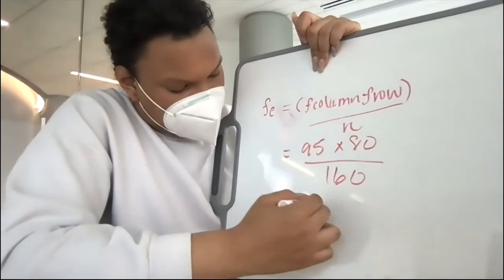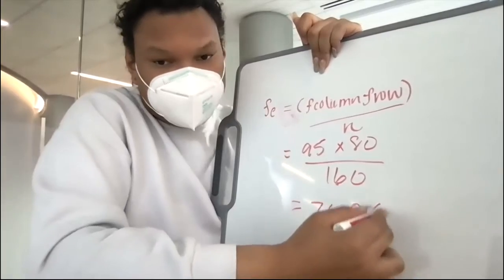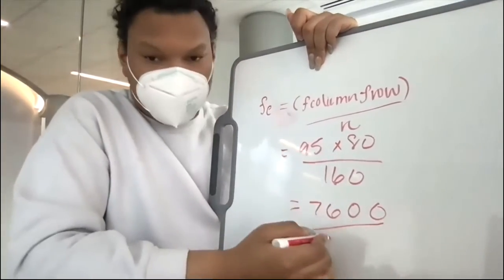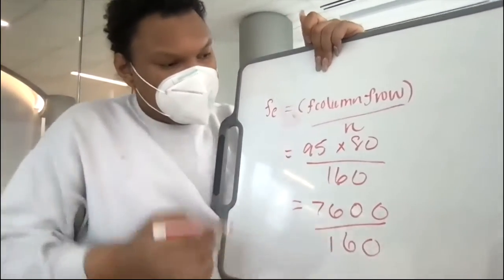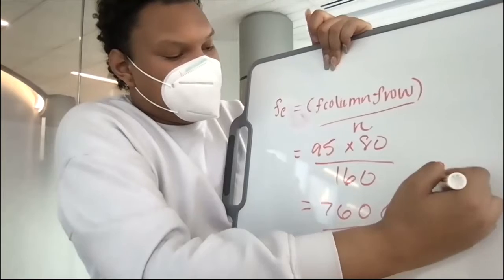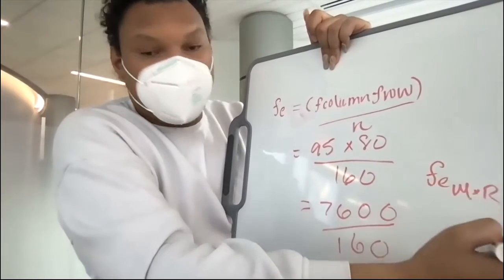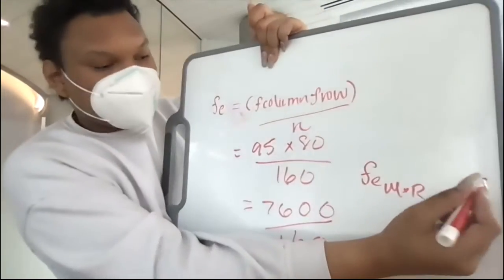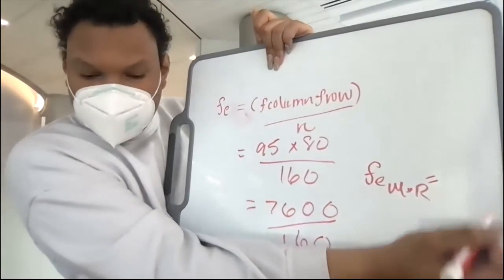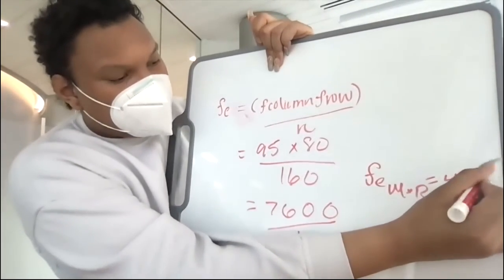That gives us 7,600 divided by 160, giving us an f of e for men with red car of 47.5.